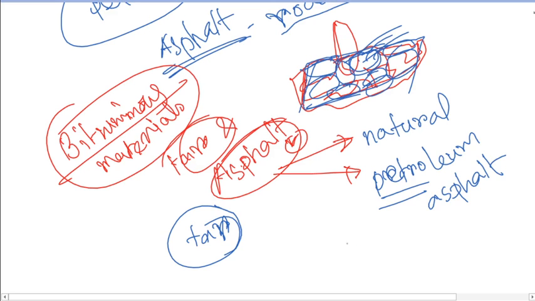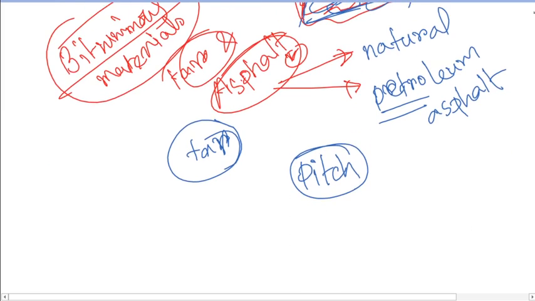And one particular word you are well acquainted with is pitch, a well-used term in Bangladesh. We say pitch to indicate petrol asphalt, but pitch is actually formed when the tar is partially distilled.